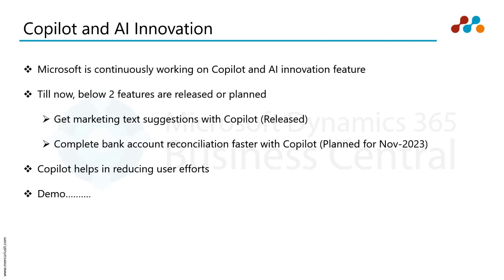So the demo of this will not be available for today, but we will go through the marketing text suggestion and how it works. But just to give you some idea how the bank account reconciliation will work. After releasing this feature, Microsoft has introduced the Copilot that will help to match the unmatched entries automatically based on the intelligence.